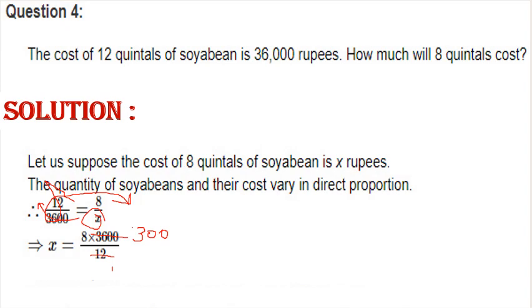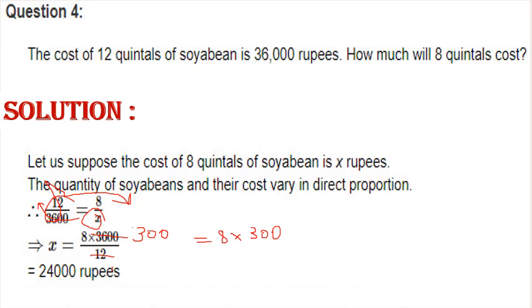So 12 into 300 is 3600. So now what is left out? We have only 8 and 300 left out. And that is nothing but 3 eights are 24, which will be 24.